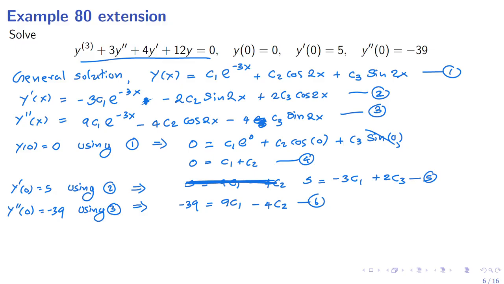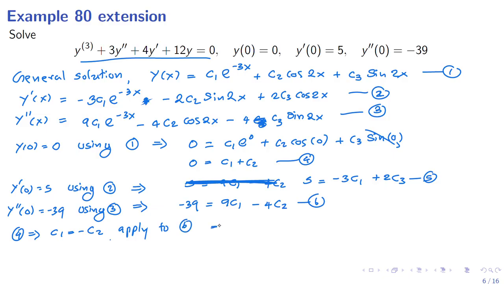I'm going to skip that and write down the values of c1, c2, c3. For example, if we use the fourth one, we can say c1 is minus c2, and then apply this to the sixth one.